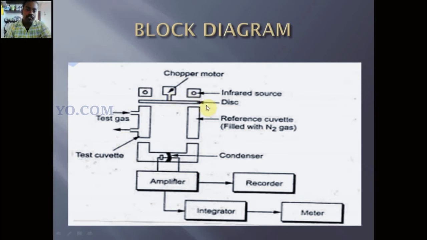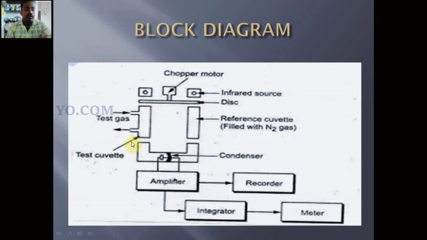Here we have a disc with some holes, and the motor rotates that disc connected with its shaft. These two receive gas from outside: this is a test gas, this is a reference gas.